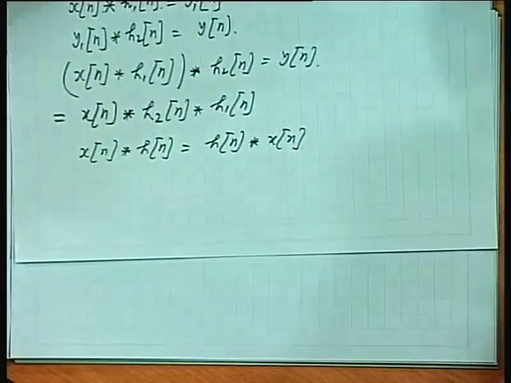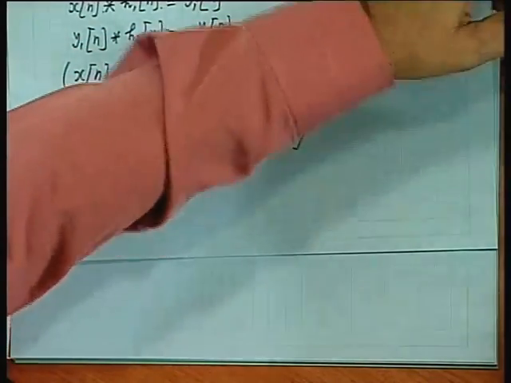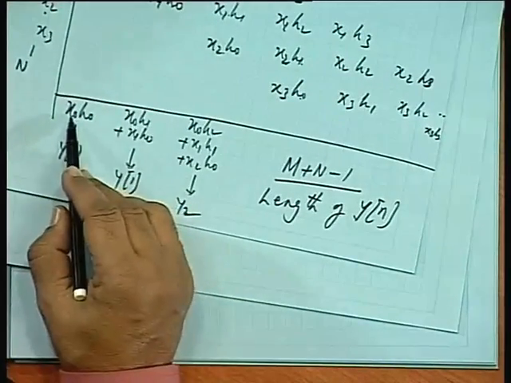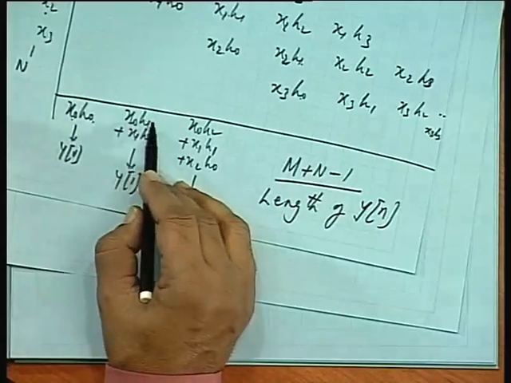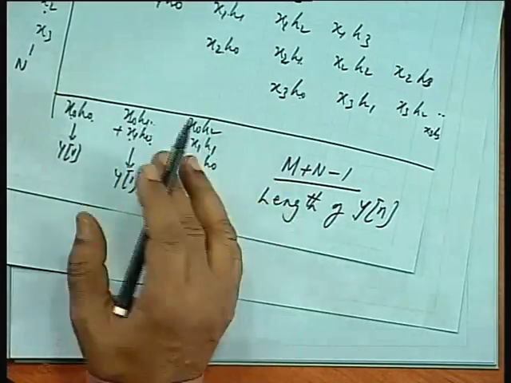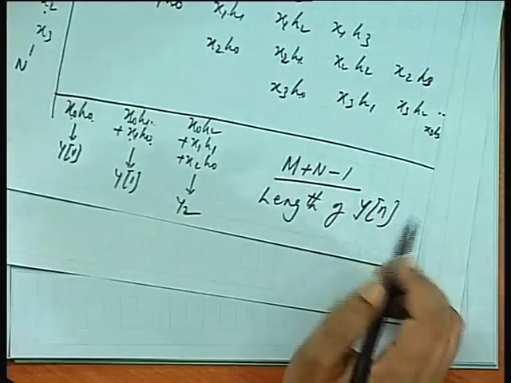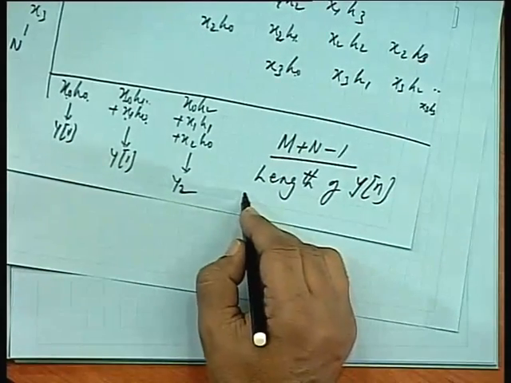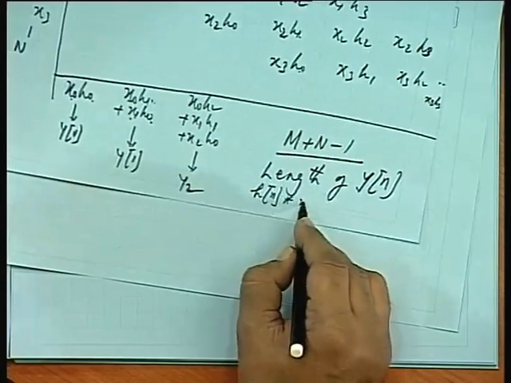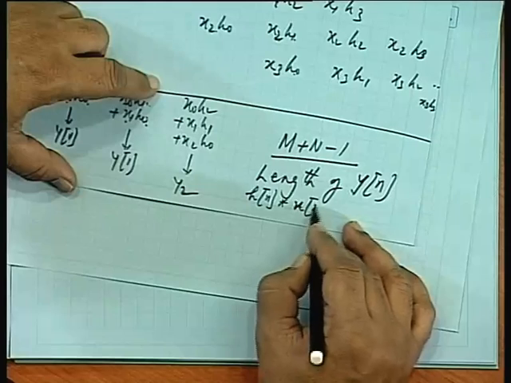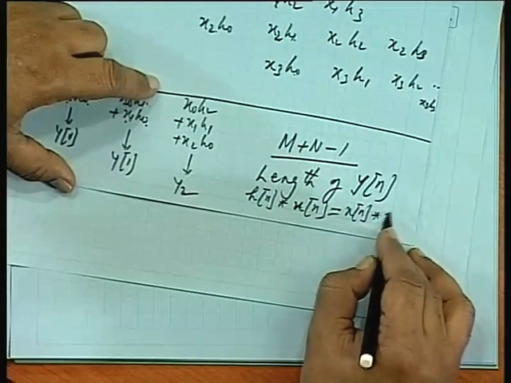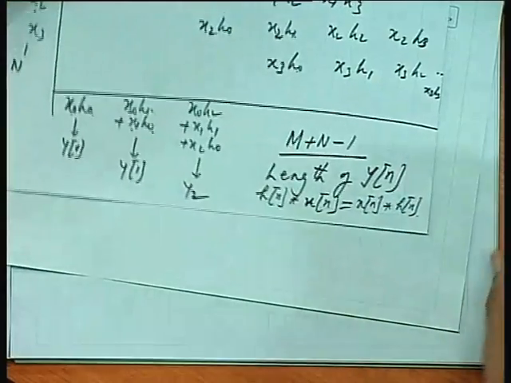because you must have observed when we were discussing the terms, it was x0 h0, x0 h1, x1 h0. So, you could have interchanged the positions of h and x, all right. So, h convolved with x n is the same as x convolved with h n. Okay.